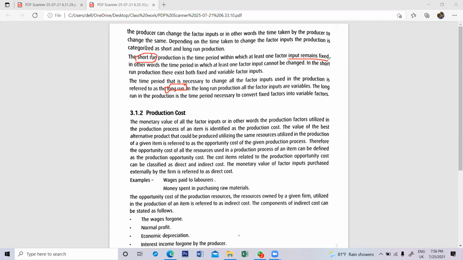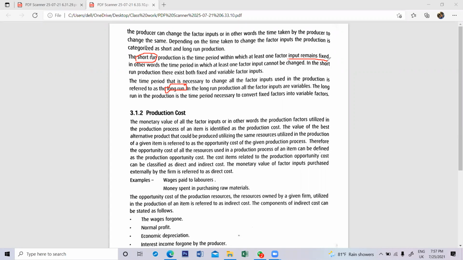So it says the time period that is necessary to change all factor inputs used in the production is referred to as the long run. In the long run production, all the factor inputs are variables. The long run in the production is the period necessary to convert fixed factors into variable factors.